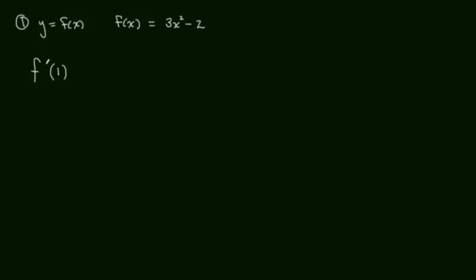So f prime of 1 equals the limit as h goes to 0 of f of a. In this case, our a is equal to 1. So f of 1 plus h minus f of 1 all over h, which equals the limit as h goes to 0.